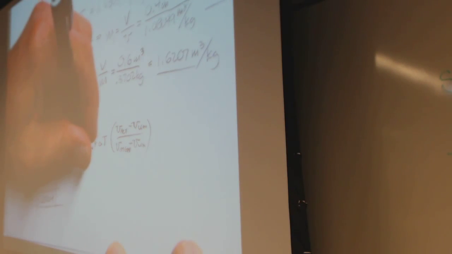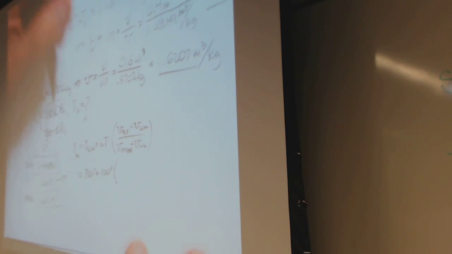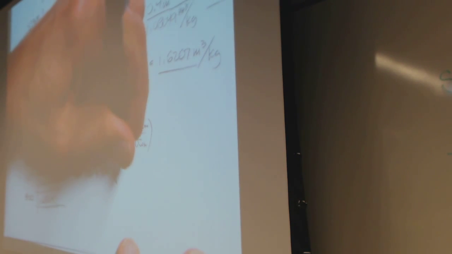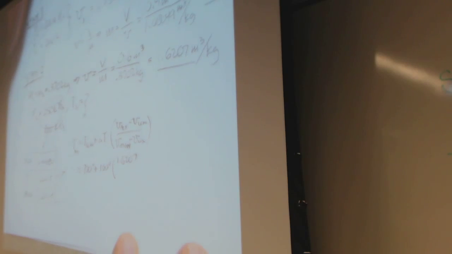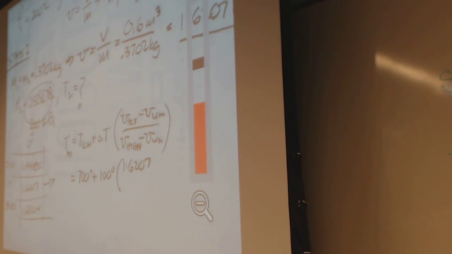So 700 degrees plus 100 degrees is the amount between, and then what's the proportion between. 1.6207 is what we calculated.